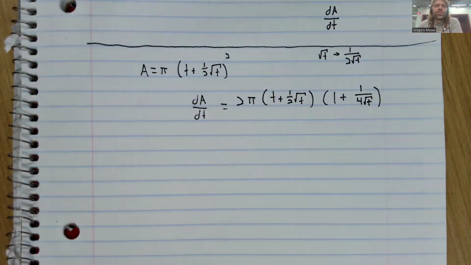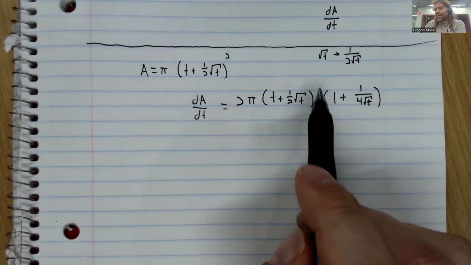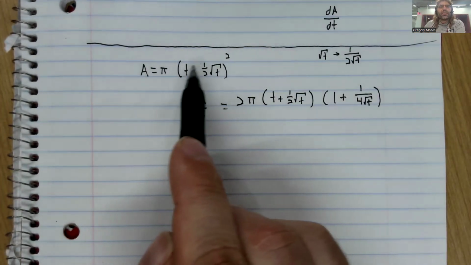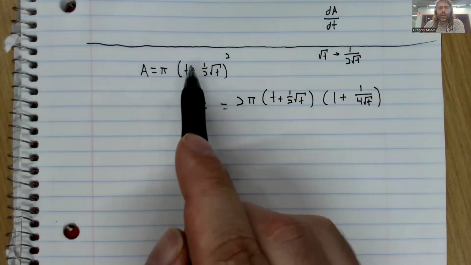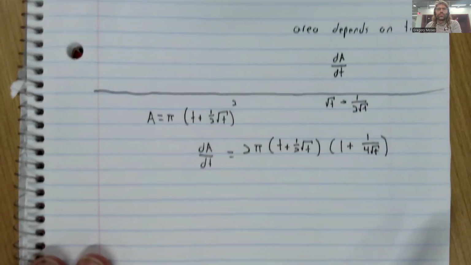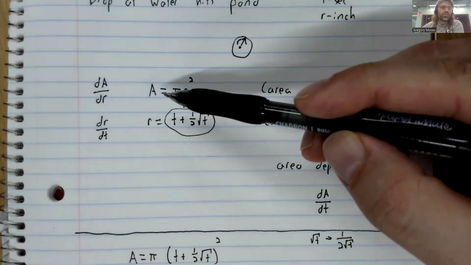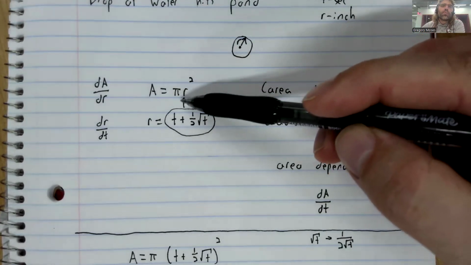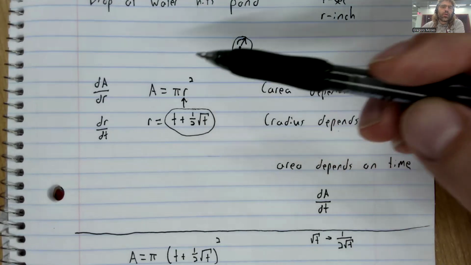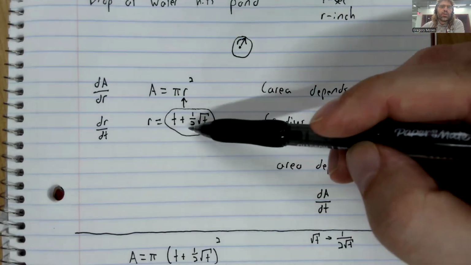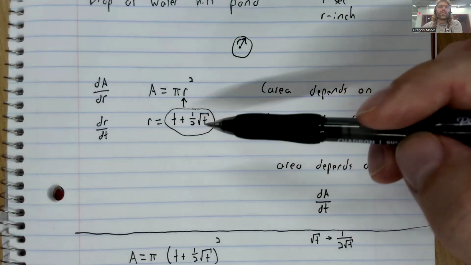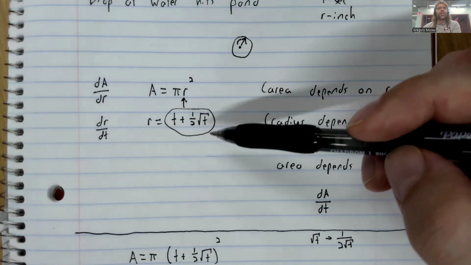So we found dA/dt, but I can't say there was no muss, no fuss. To find dA/dt, we had to create a third equation. We started with two equations: A equals pi r squared and r equals t plus 1/2 the square root of t.